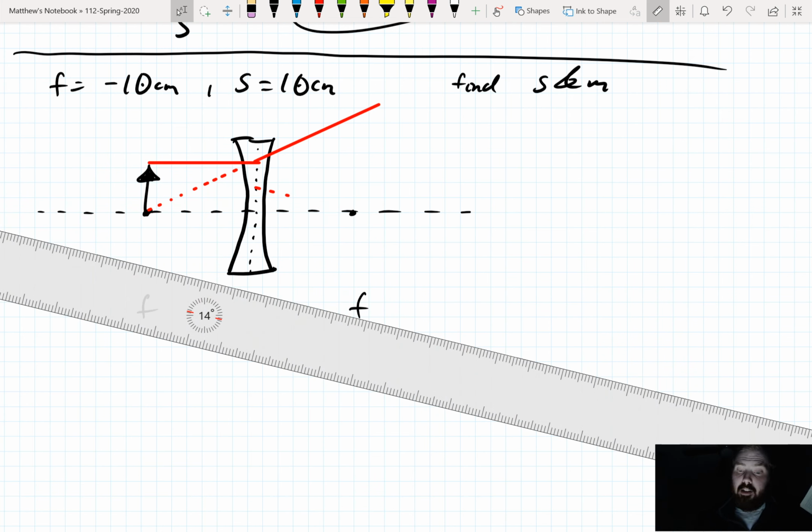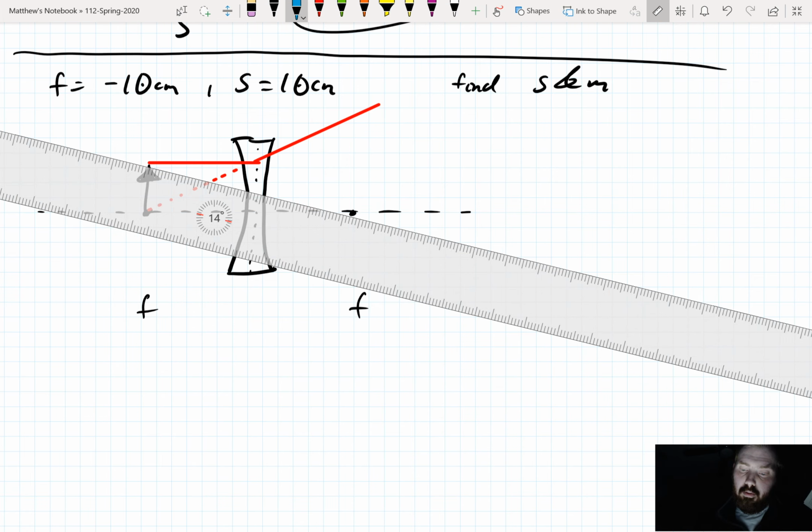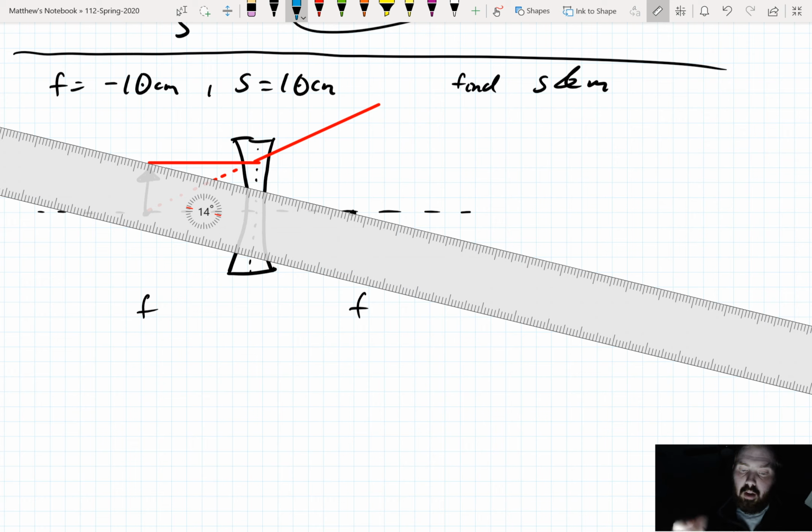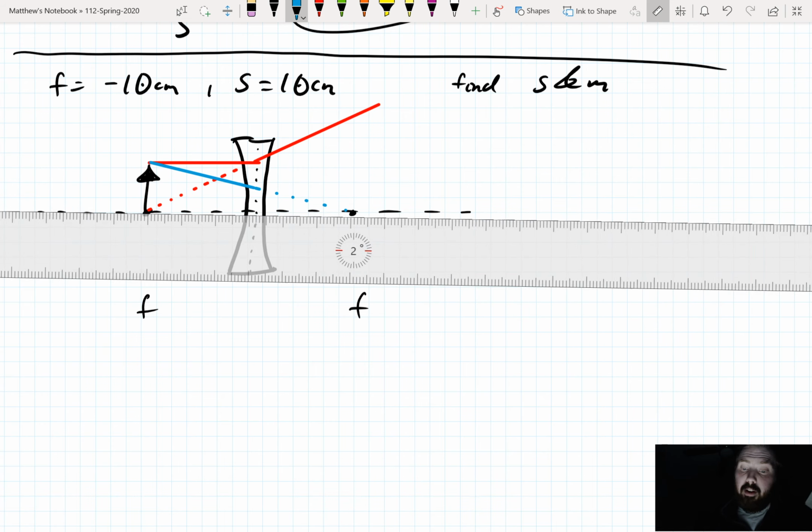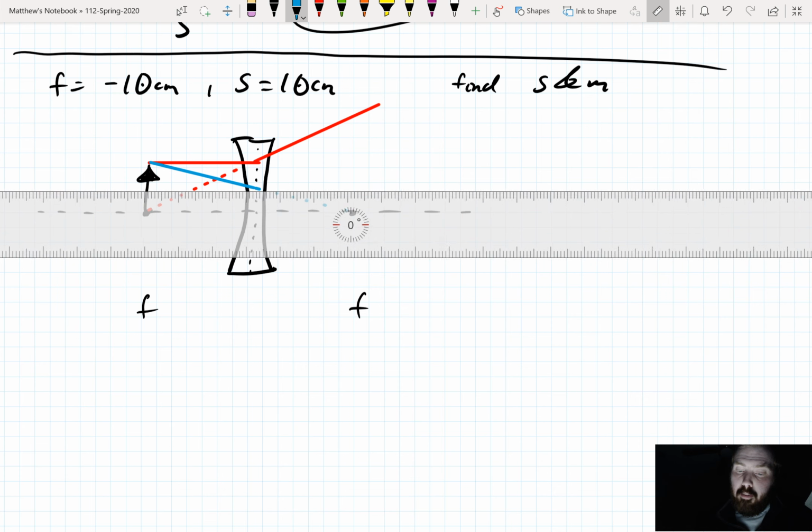We don't have red dots anymore, we need them to be blue. There we go. So we aim there, and then refract, parallel to the optical axis.